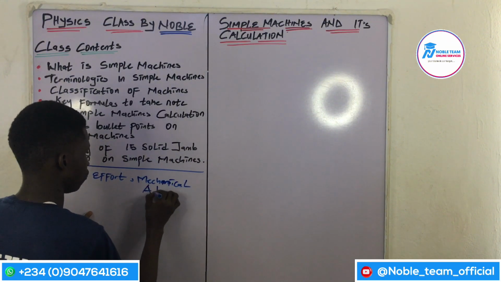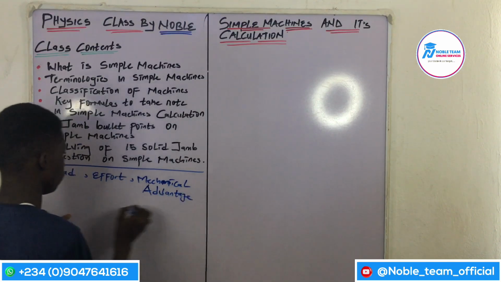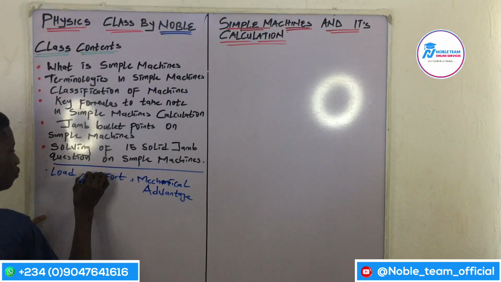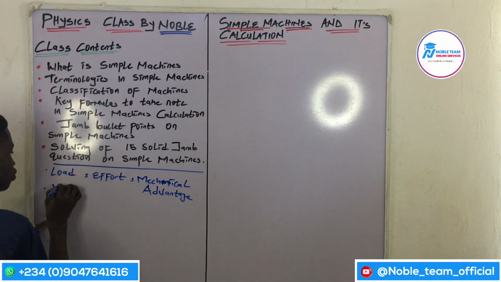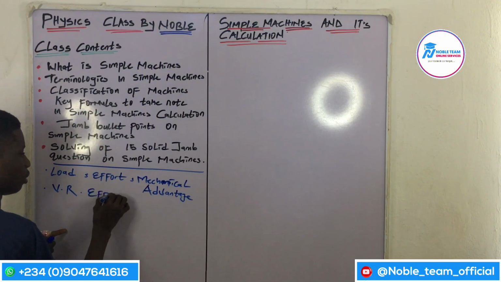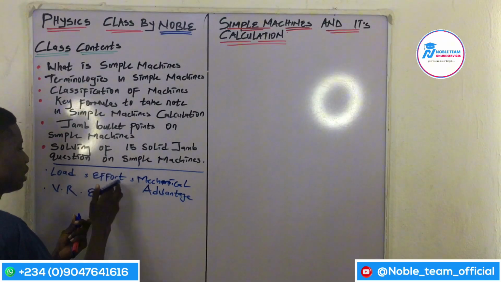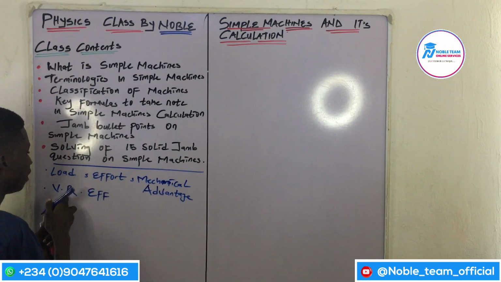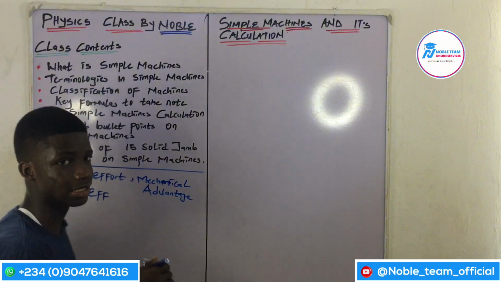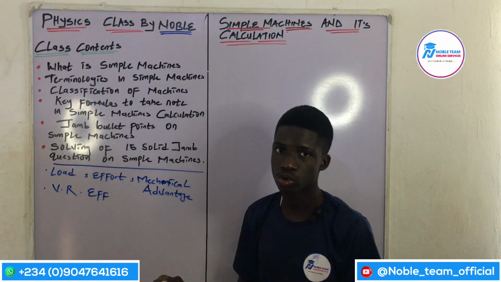Then we have the velocity ratio, VR. We have the efficiency. Now these are the key terminologies in simple machine: the load, the effort, the mechanical advantage, the velocity ratio, and the efficiency. So I'm going to be explaining everything one by one, so just follow me closely.